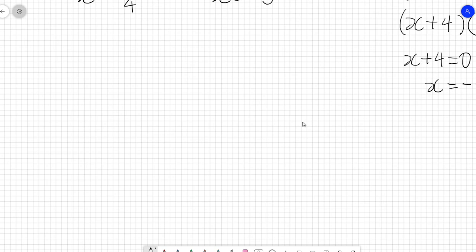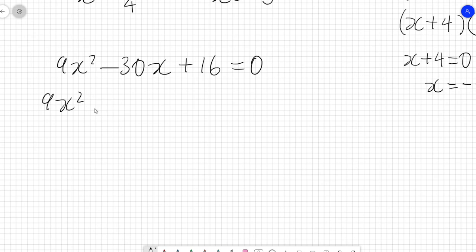Let's say we have 9x squared minus 30x plus 16 equals 0. Once again, we have to separate it. So 9x squared plus bcx, let's just assume everything's plus, plus adx plus 16 equals 0.